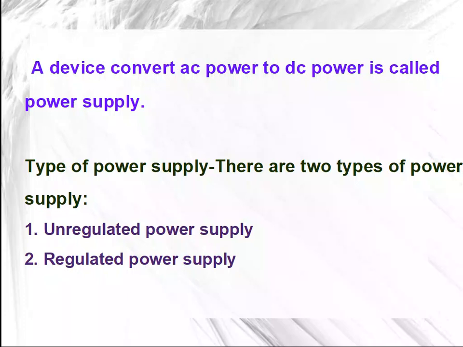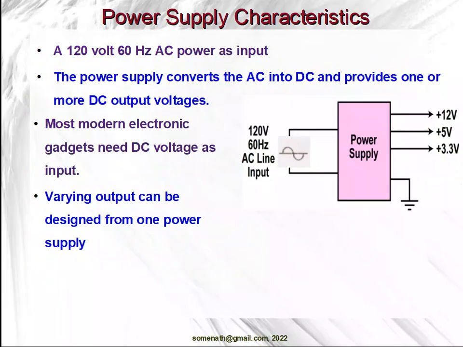So first we have to understand the unregulated power supply, and then we can go for the regulated power supply. Anyway, I am just starting with the applications. You know that in computer, the switch mode power supply, there we need the variable output, variable power supply. So 12 volt, 5 volt, 3.3 volt. So that's why it is called the SMPS, switch mode power supply.